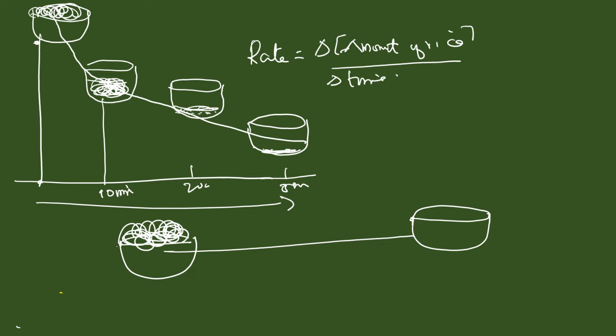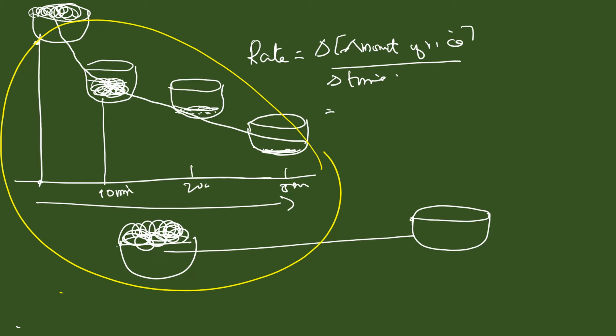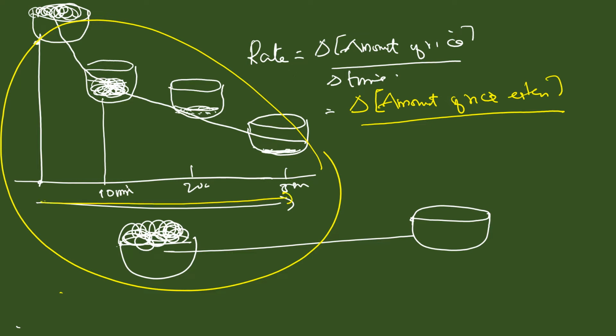Okay, so if I want to add some numbers in relation to this particular analogy, I'm going to say my rate equals the change in the amount of rice eaten over time. What is the time? The time was what? 30 minutes. You finished this rice in 30 minutes.